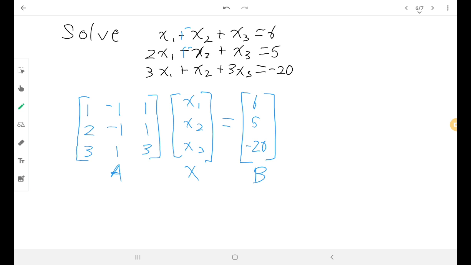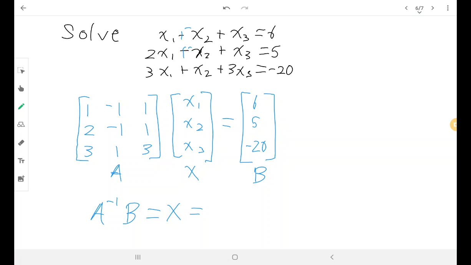And that would be our B. And again, we're going to use MetaCalculator, and we're just going to plug all this stuff in, and I'm going to skip all the details. We know that if we do A inverse times B, we get X. So let me go to MetaCalculator and make it a 3x3 for A and a 3x1 for B, and start plugging stuff in. We've got 1, -1, 1, 2, -1, 1, 3, 1, 3.